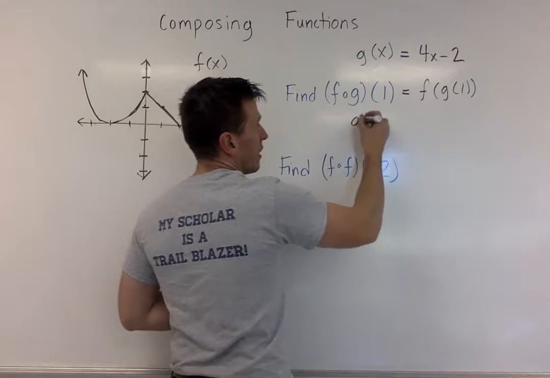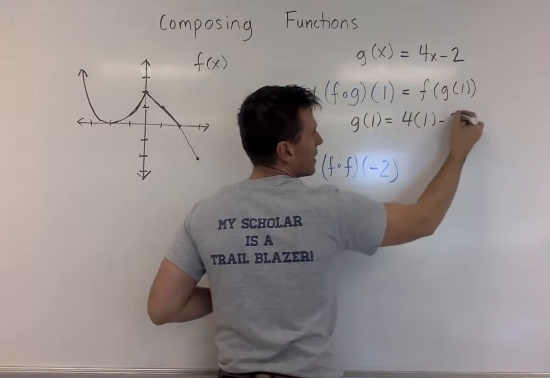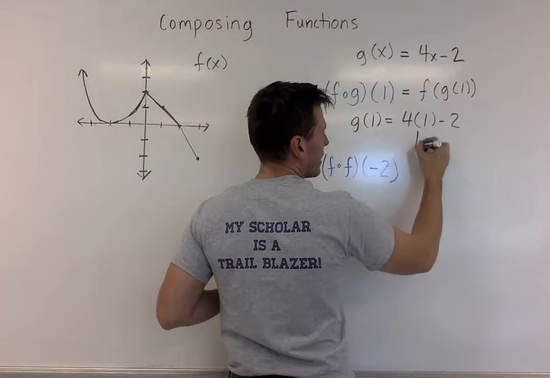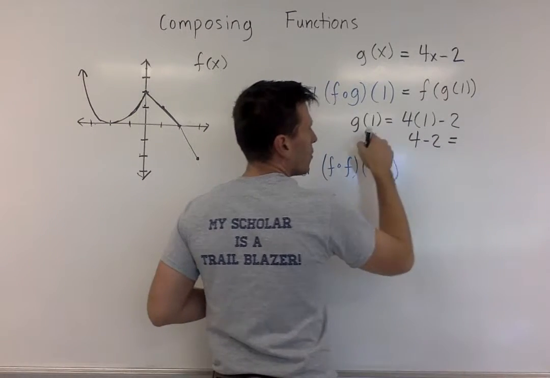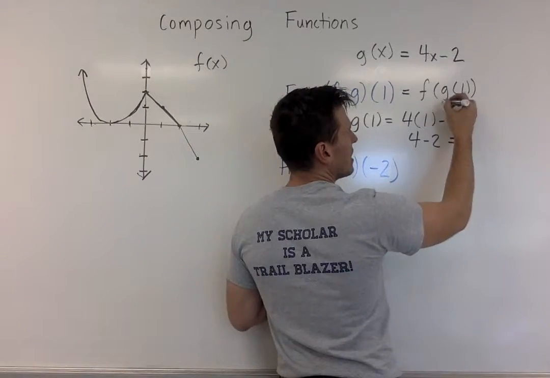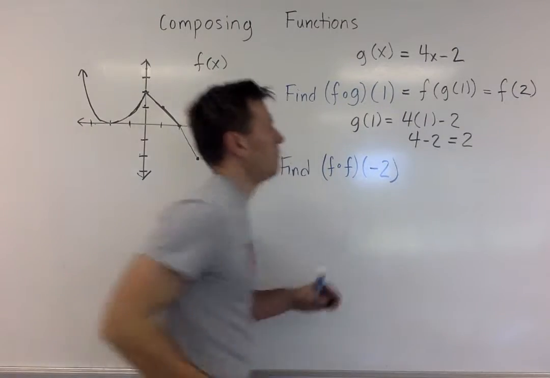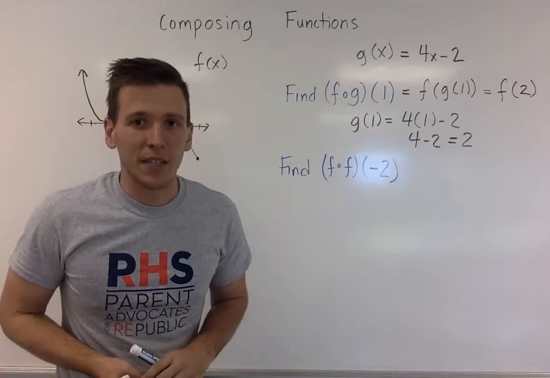Well, that's super easy. g of 1 is equal to 4 times 1 minus 2. That's 4 minus 2. So g of 1 is just 2, which means that I can sub out g of 1 and say, actually find f of 2. f is not as clearly defined.